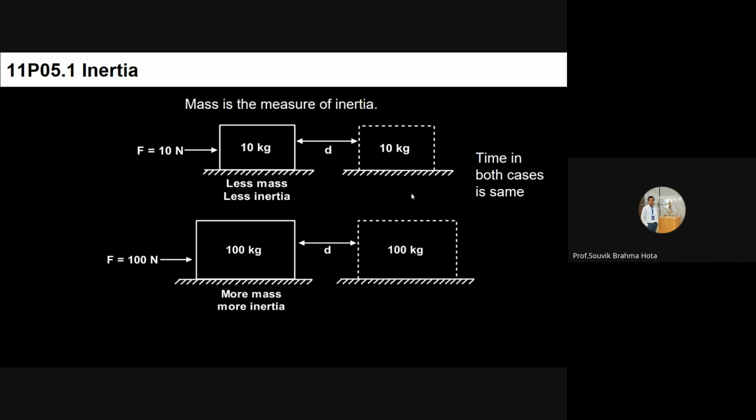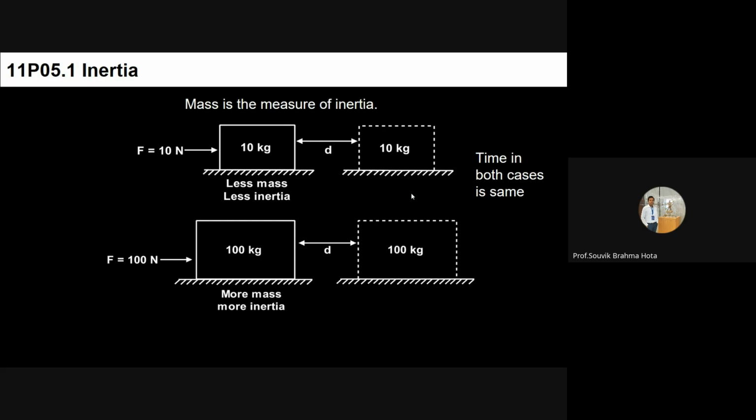Suppose a force of 10 newton is applied on a 10 kg object, then it will get displaced by a distance d. But if you have 100 kg, you should apply 100 newton of force to get the same displacement.